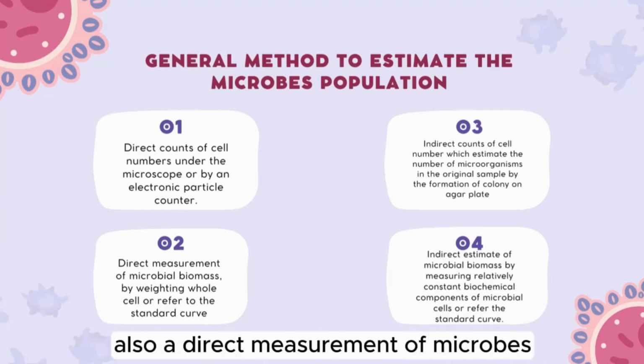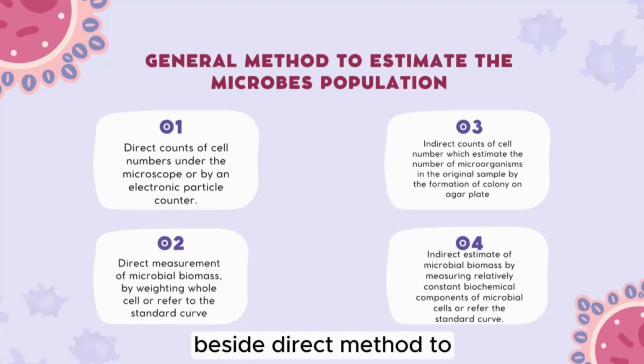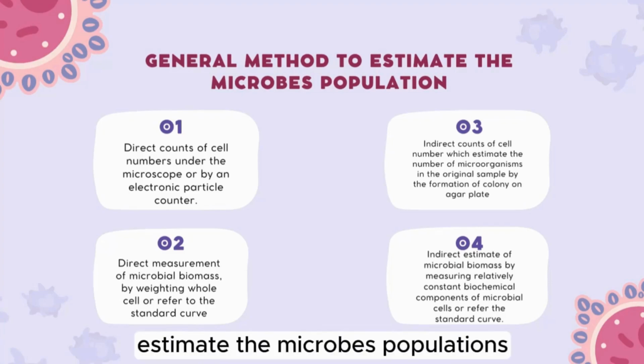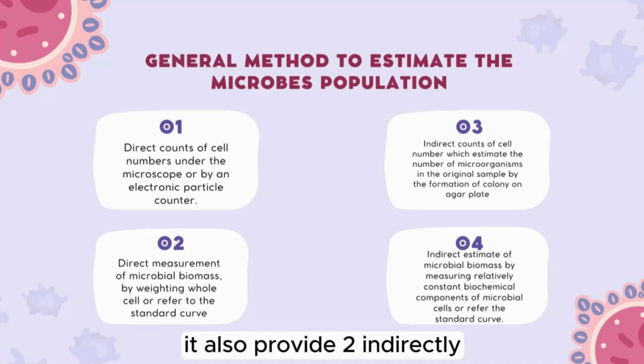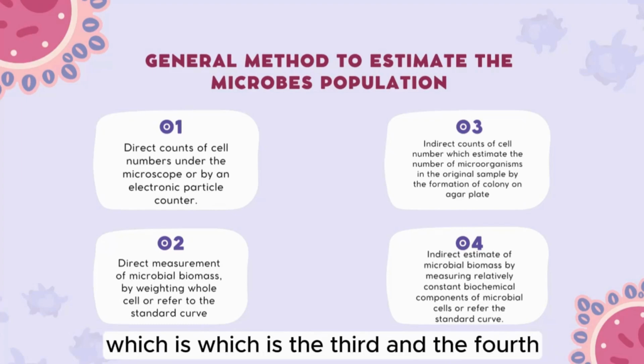And the second one is also a direct measurement of microbe biomass by weighing whole cells or referring to the standard curve. Besides direct methods, it also provides two indirect methods to estimate the microbe populations.